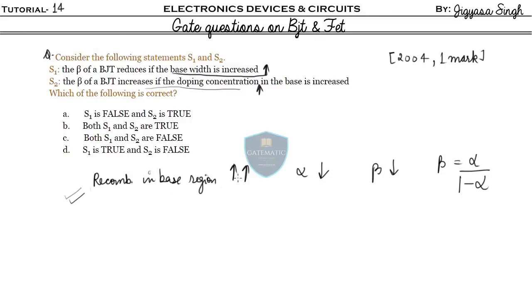So the recombination in the base region will increase, due to which alpha will decrease, due to which beta will decrease. Why? Because beta is equal to alpha over 1 minus alpha, which we derived. So this is wrong, because beta will not increase, it will decrease. So this is wrong and this is right. So the answer is D.